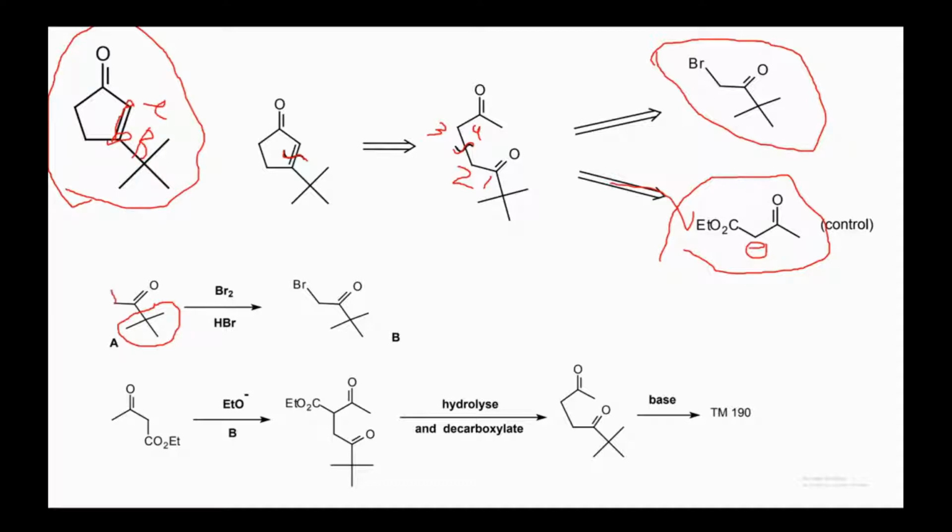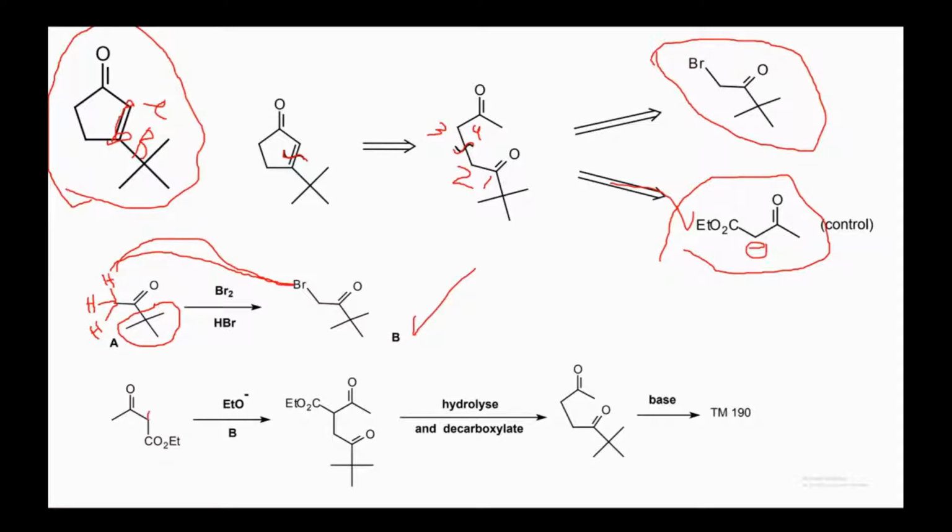But there are three hydrogens present on this carbon, which we call alpha hydrogens, and one of the hydrogens is replaced with Br, as you can see here. So this is called alpha bromination of ketones. Now once we have made B, we can start the synthesis from this compound.